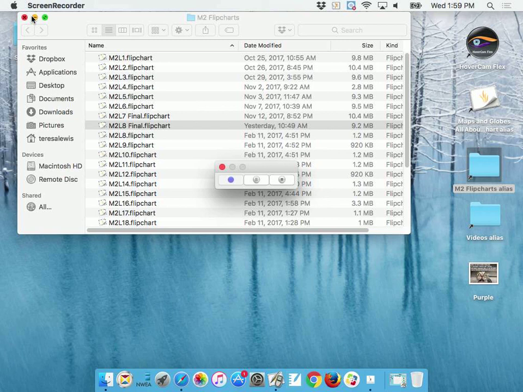I see Miss Lewis do it every time. She pauses. When she pauses, it has that red little dot, right? Every time when she talks, it has that little red dot. So it's recording. I don't know.